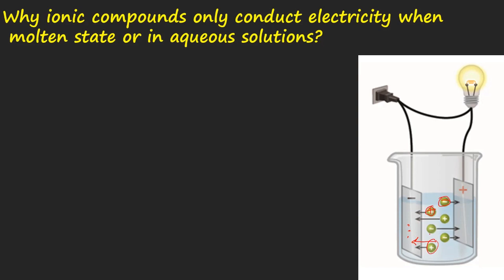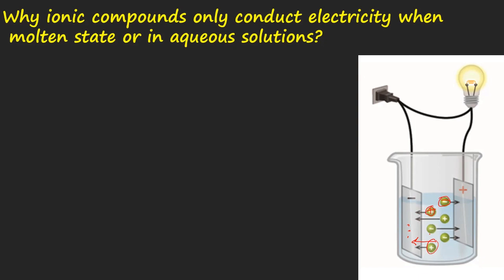So in ionic compounds, we want ions to be moving so they can go around, pick up electrons, and drop electrons. So ions are just like taxis here. They pick up the passengers, which are electrons, and take them to the other side. So if the ions are not moving, they cannot conduct electricity.